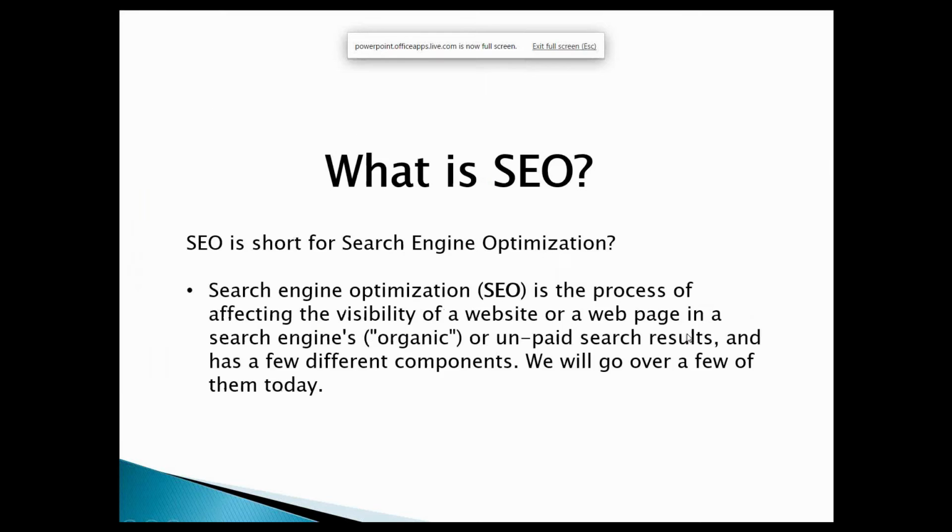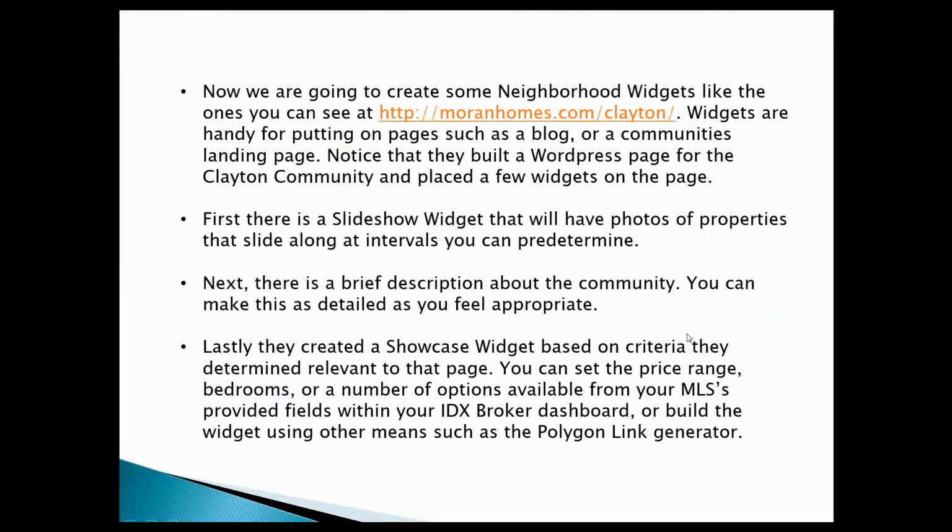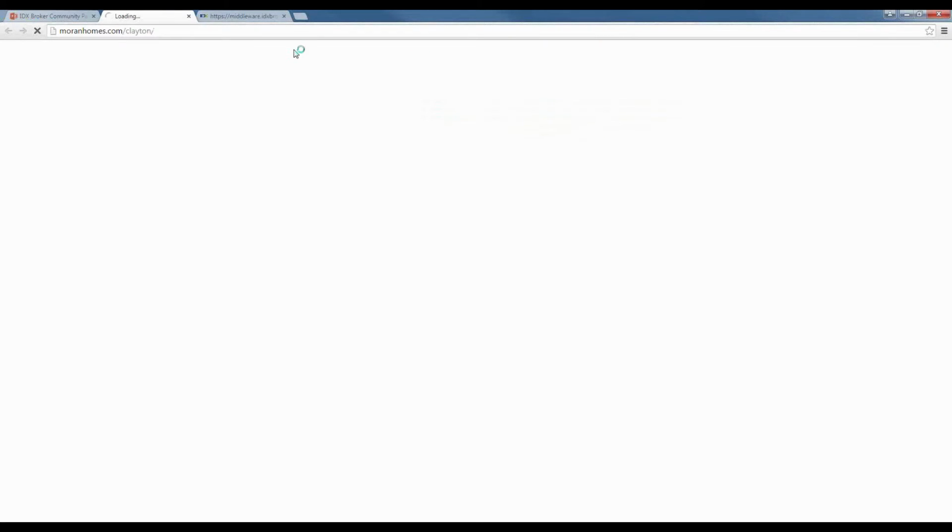Whoops, let me get to the right slide there. Okay, so now we're going to create some neighborhood widgets like the ones you can see here at moranhomes.com. Now click on that, and you can kind of see the Moran Homes site here when it loads.